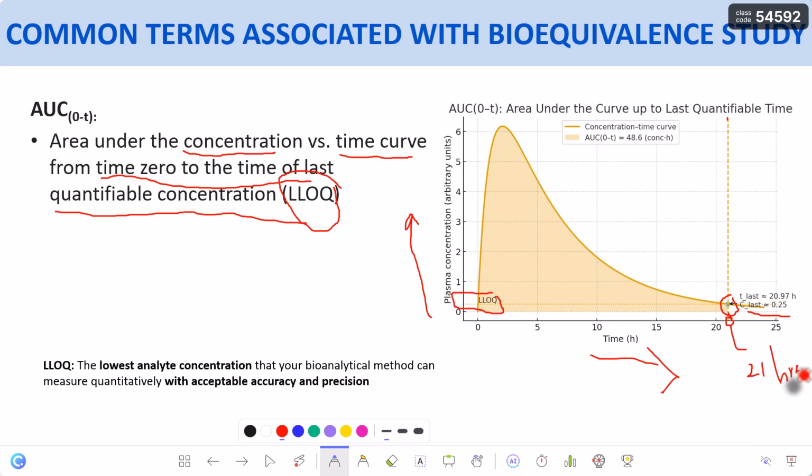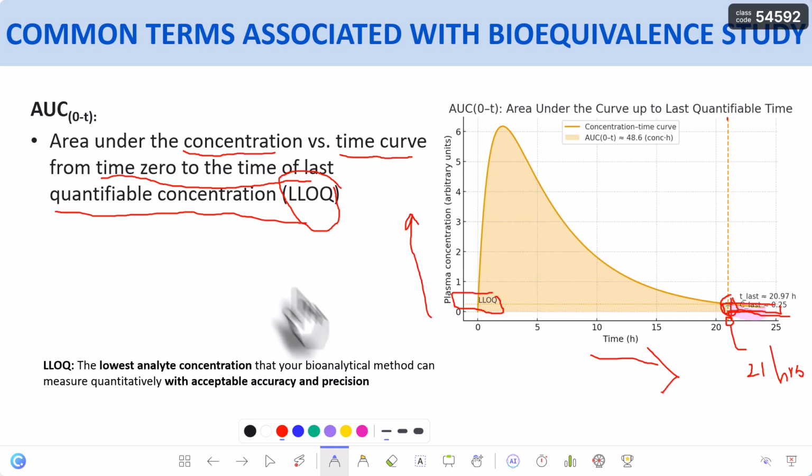Beyond 21 hours, the concentration available over here is not measurable. Look at this particular time slot: this concentration is below the method's LLOQ, and hence it will not be measured. Only concentrations at or above the LLOQ will be measured.